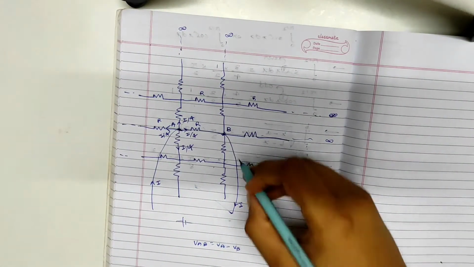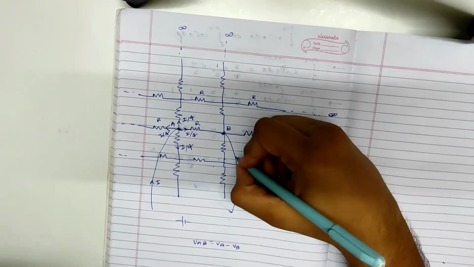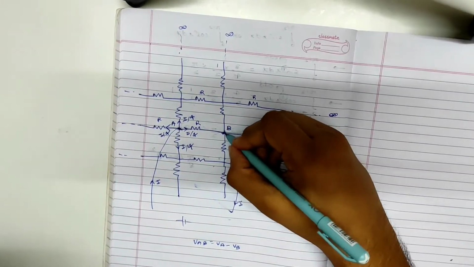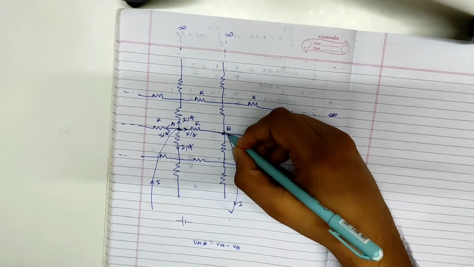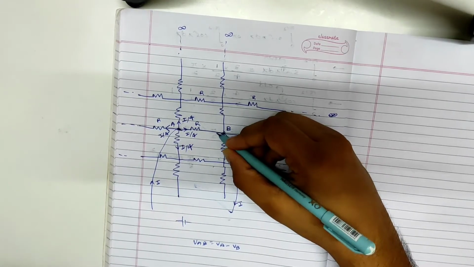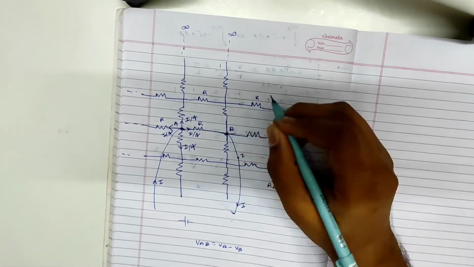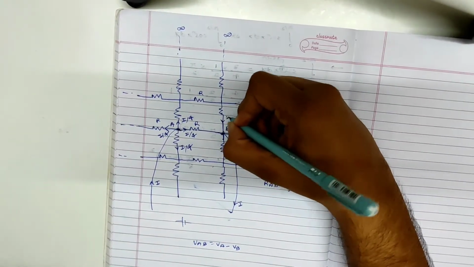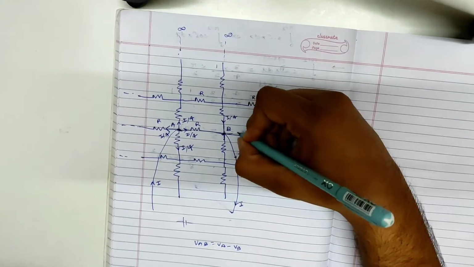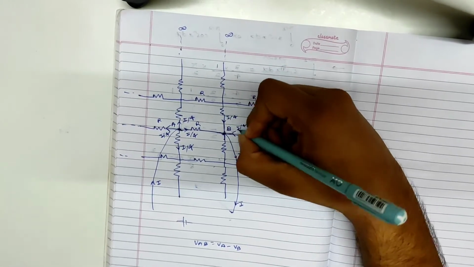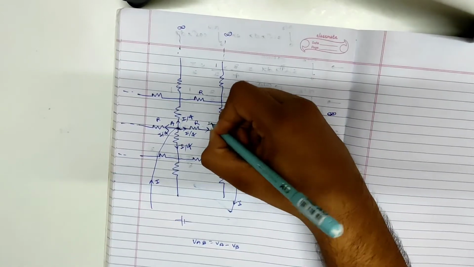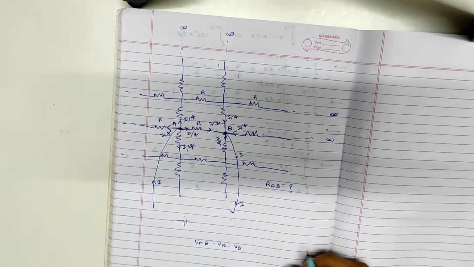And now see at the junction B, here it is receiving a total current of I. The total I current should be coming from all these 4 points, as no other point is connected to it. So it is also receiving a current of I by 4 from this side, and this side also I by 4, and this side also I by 4, and this last side also I by 4.